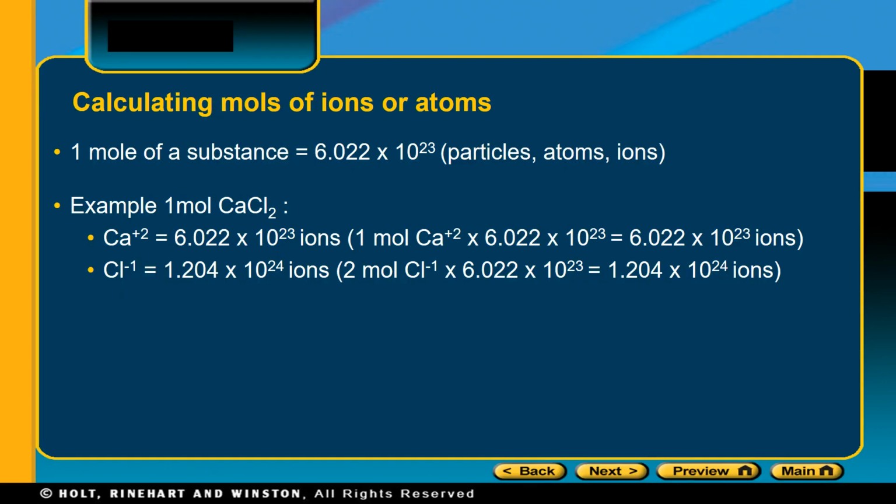So 1 mole of a substance is equal to 6.022 times 10 to the 23rd. And when we talk about this number, it can represent particles, atoms, ions, formula units, molecules, any of those things. It just depends on how the question is phrased. All right, so when we look at this, and again, this is called Avogadro's number.